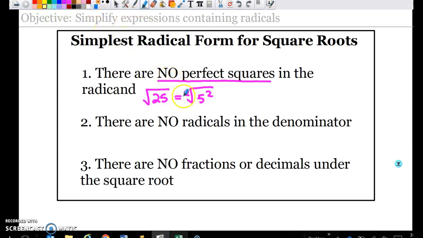If my index is 2, and I have the radicand with an exponent of 2, the radical symbol, the 2 and the 2 will cross out, I just get 5. There should be no radicals in the denominator, and we'll talk about how to deal with this later. And there should be no fractions or decimals under the square root. So you can't leave it like this.